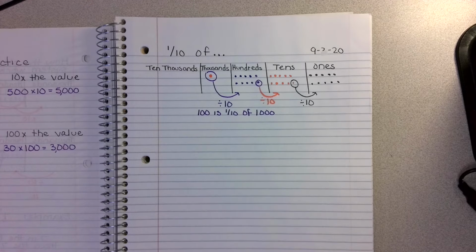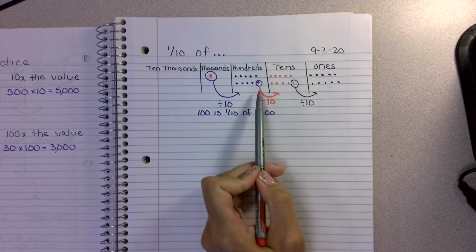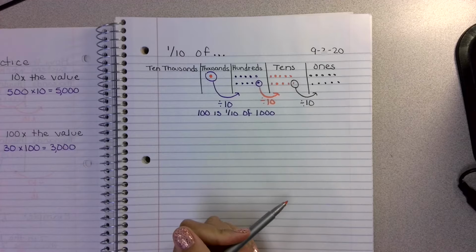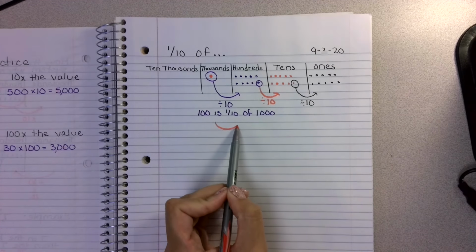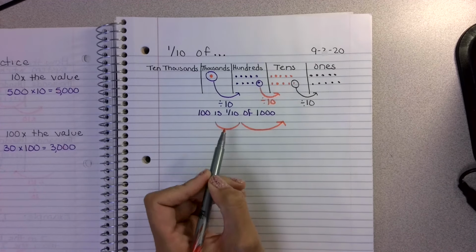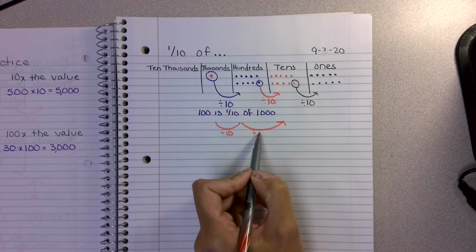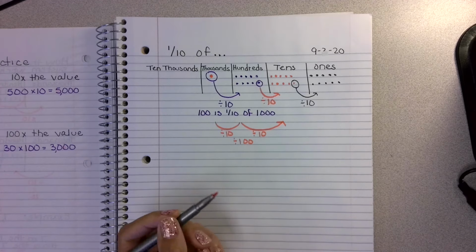So 1/10 of is moving one place. What if I wanted to do 1/100th of? How many places do you think I'm moving? I'd move 2. So I'd move 1/10, then I would move the other one. So I divided by 10 the first time, then I divided by 10 again, which is actually dividing by 100.